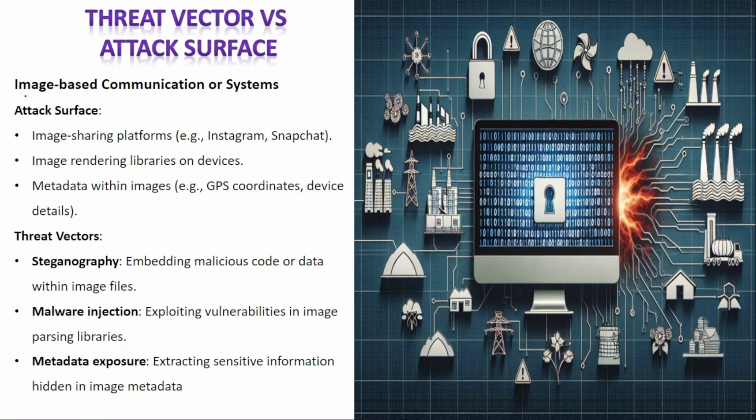And the next one is image-based communication or systems. So far we have been talking mostly about text-based communication, such as SMS, email, and WhatsApp, which are primarily used for text communication. So what are the threat vectors and attack surfaces in image-based communication?